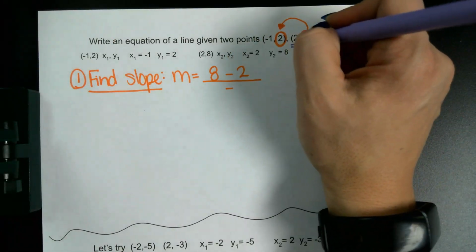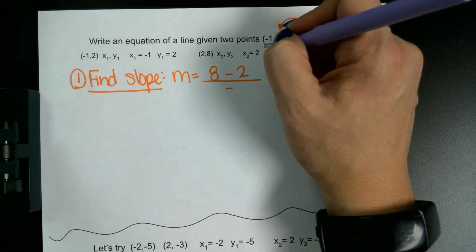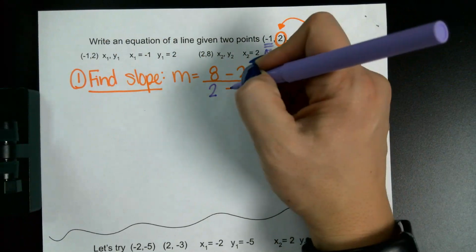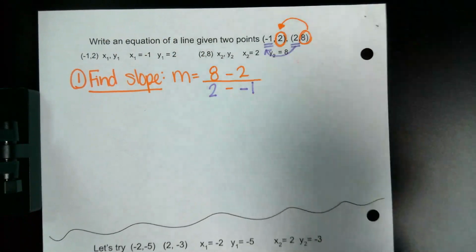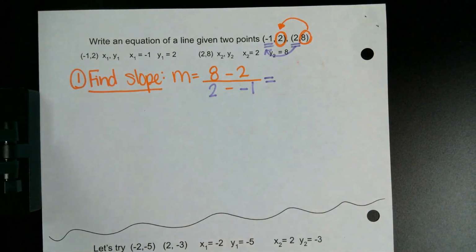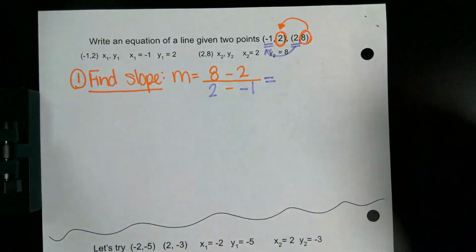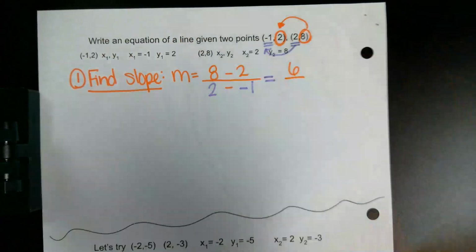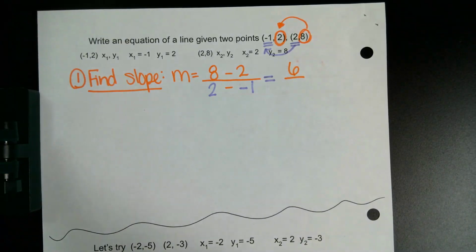And then my two x values, I would have to do 2 minus -1. So then you guys would just type this in. 8 minus 2 is 6. 2 minus -1.